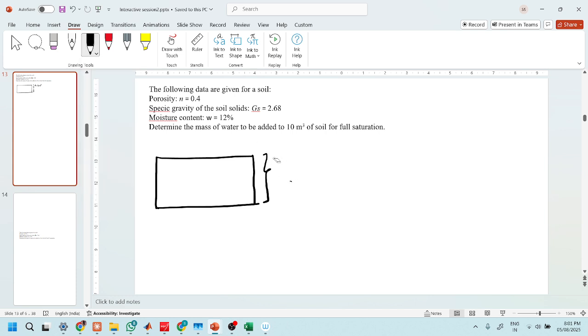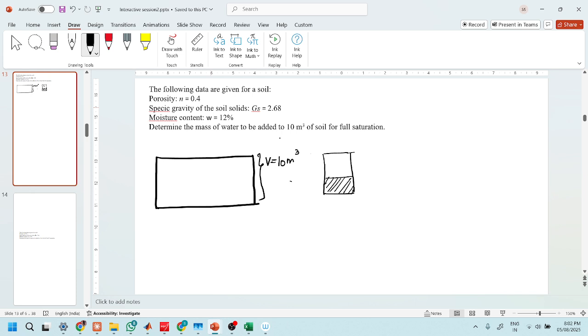If we draw a two-phase diagram or three-phase diagram, we will have some volume of solid.